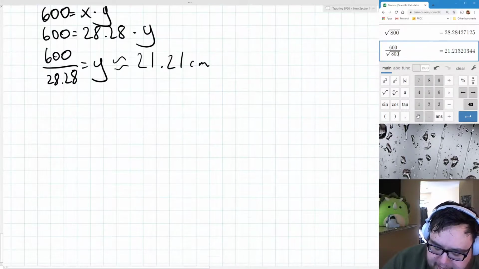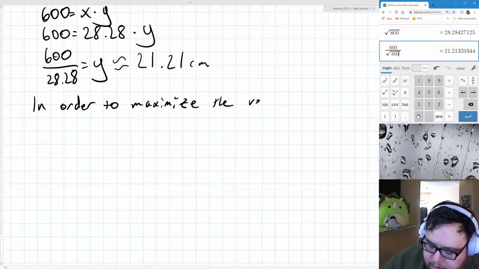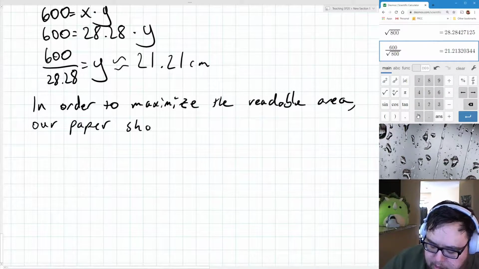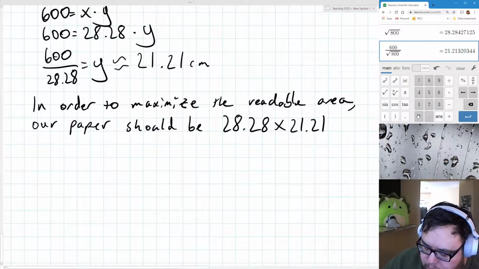So in order to maximize the readable area, our paper should be 28.28 by 21.21 centimeters.